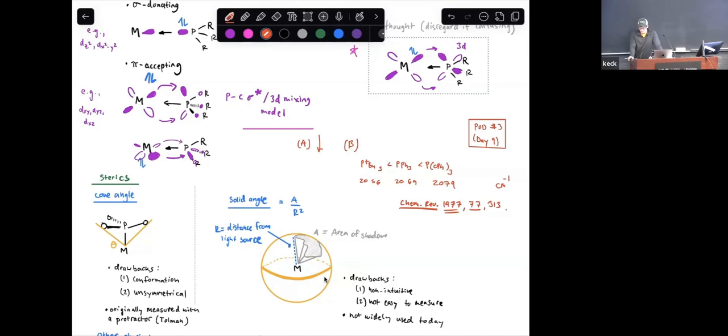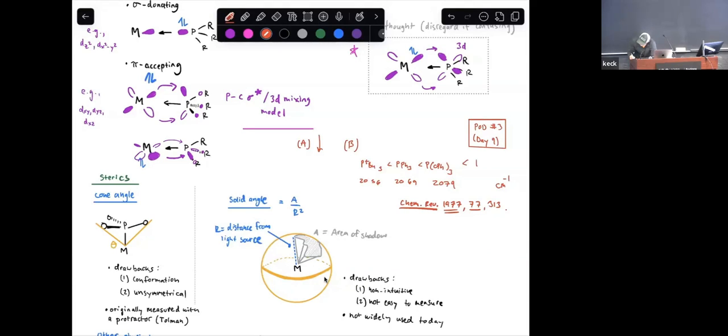So one way to explain that, not the only way, is to say the PO bond has, remember that back bonding has this PC sigma star antibonding orbital component. So the PO sigma star antibonding orbital is lower lying than the PC antibonding orbital. So it's easier to donate into that lower lying orbital. And we can actually take that to the extreme.